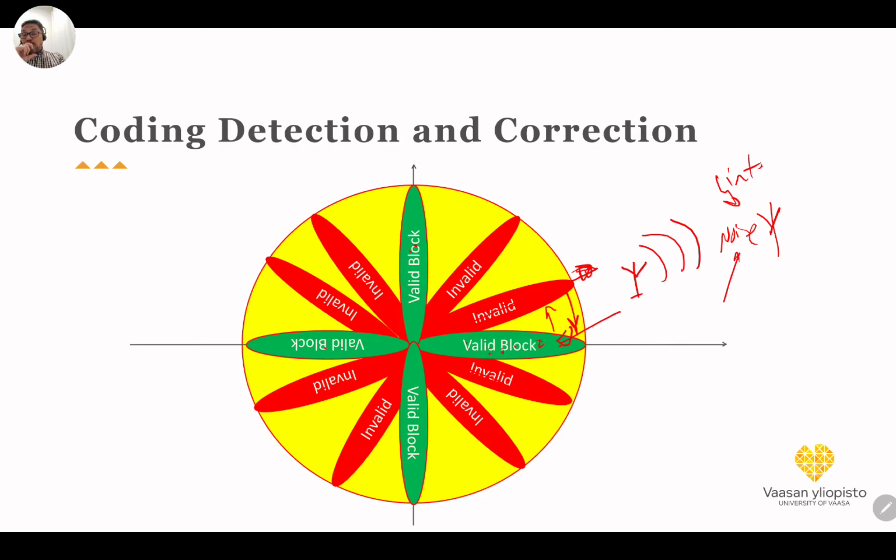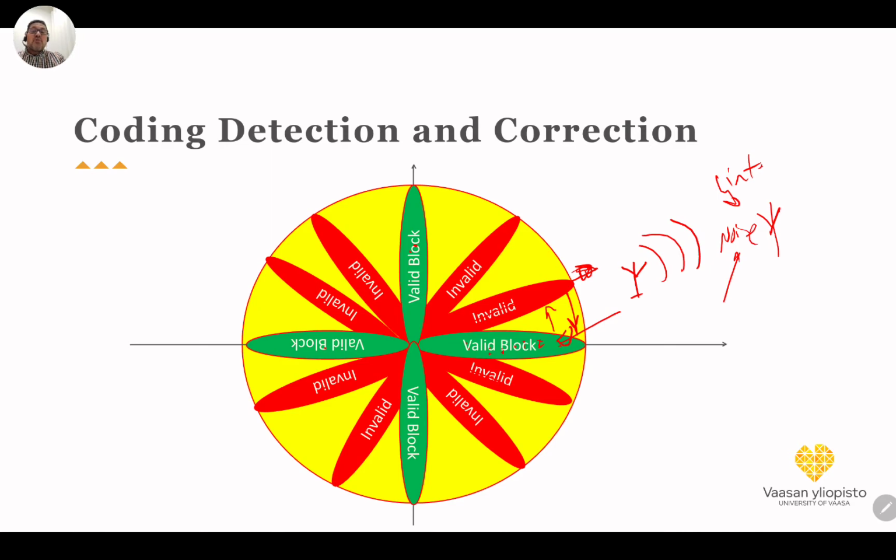You may ask, what if two errors happen in that block? As we mentioned in the previous clip, it is much less likely that we have two errors in one block than to have one error.